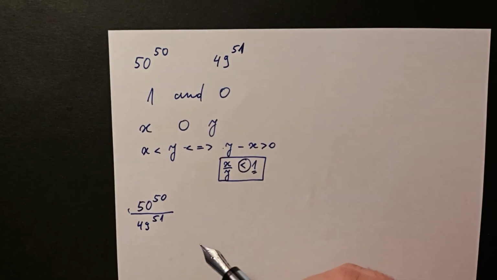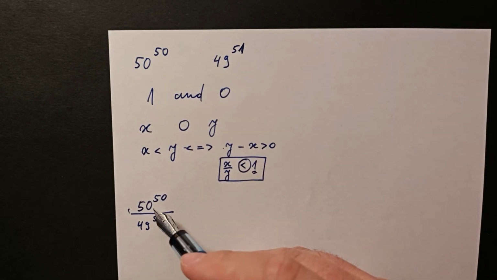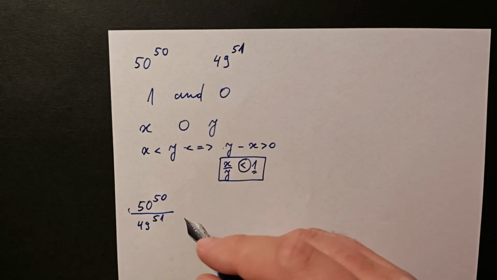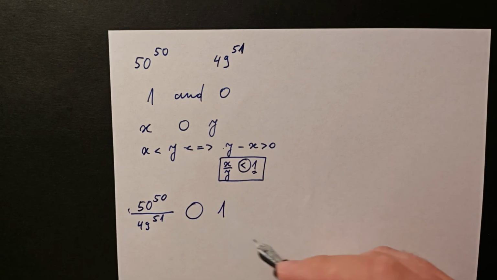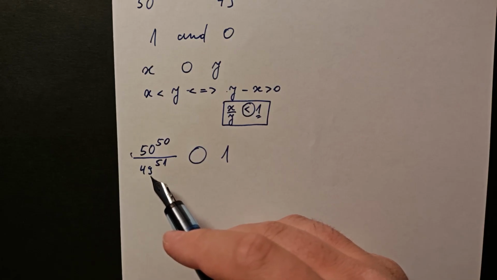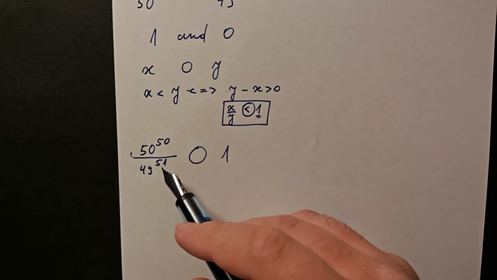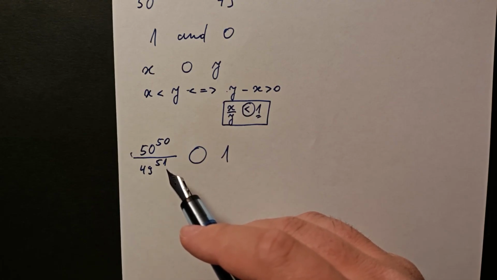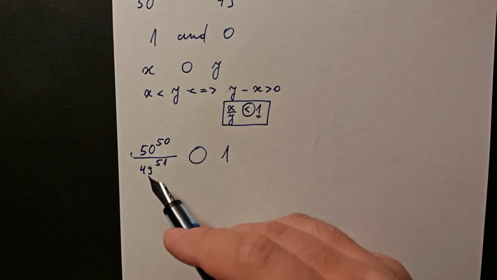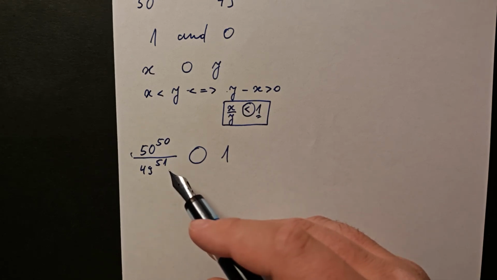Then our problem becomes comparing this number, 50 to the power 50 over 49 to the power 51, with the number 1. As you can see here, 49 is 50 minus 1 and 51 is 50 plus 1. So everything revolves around these three numbers, 49, 50 and 51.